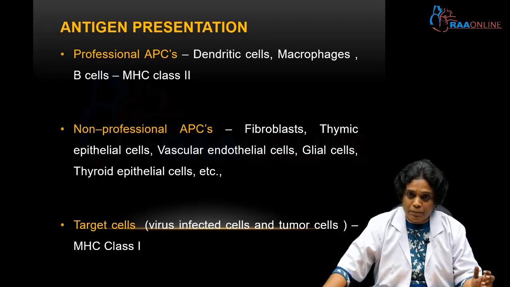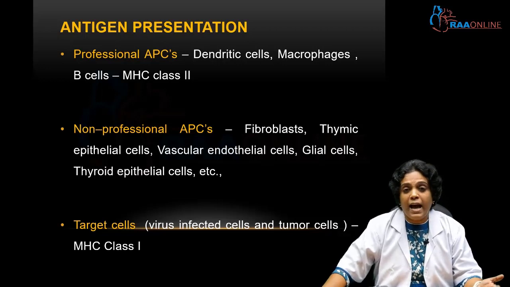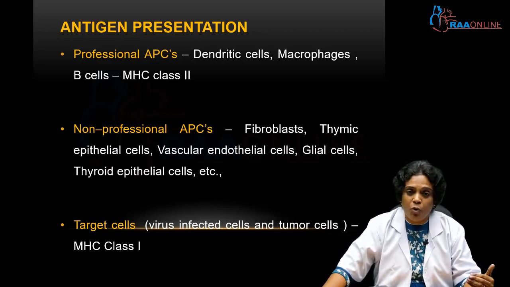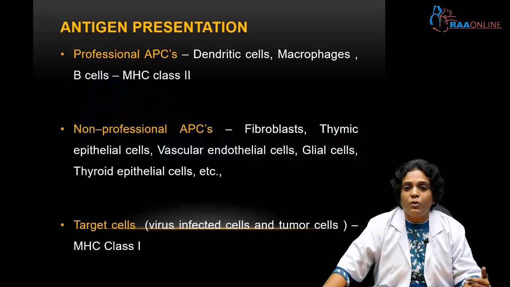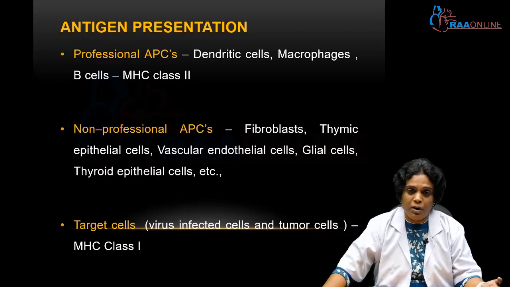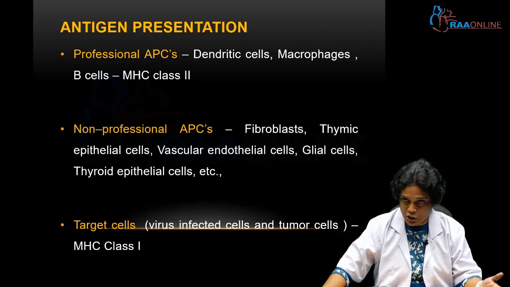These antigens have to be processed and presented onto a self molecule. The self molecules present on the host cells are called the MHC molecules. There are two molecules which participate in the immune response. One is MHC class I, the other one is MHC class II.